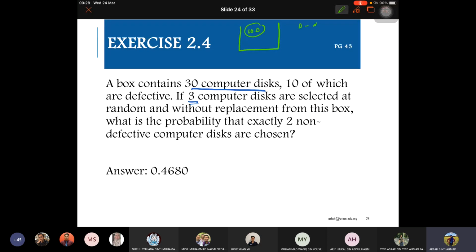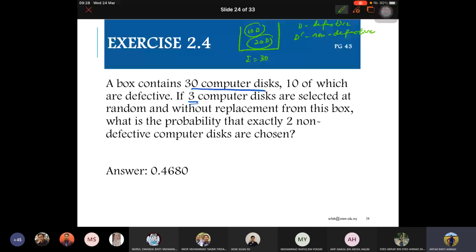Let's say D denote the event of defective computer disk and D prime non-defective. Okay. So 10 D, D prime berapa? Akan jadi berapa, in this case? 20. Okay. Sebab total dia sama dengan 30 kat dalam tu.